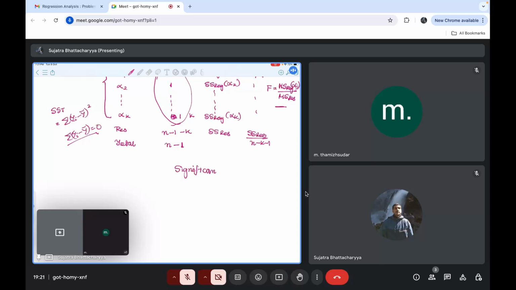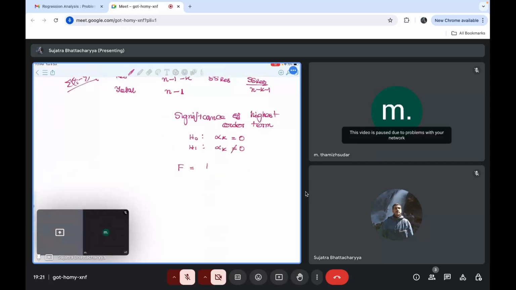Significance of the highest order term: the null hypothesis H naught is alpha k equal to 0, where alpha k is the highest order term, and H1 is alpha k not equal to 0. Right? So the test statistic will be MS regression of alpha k divided by MS residual of the full model.